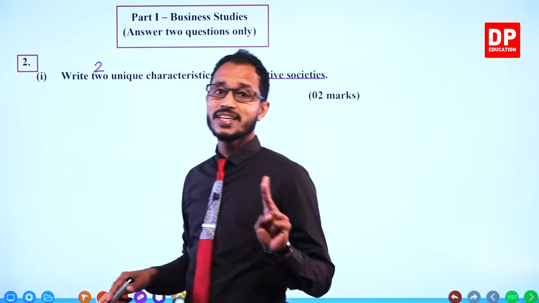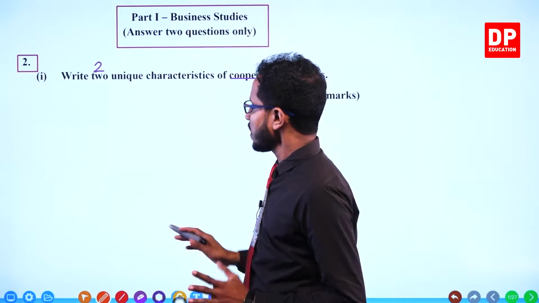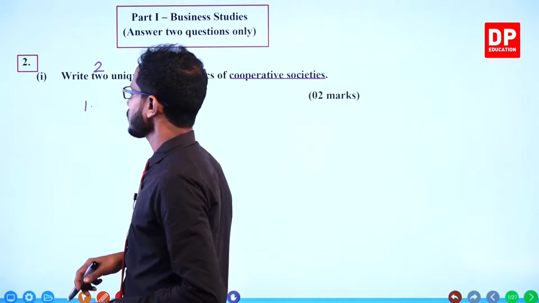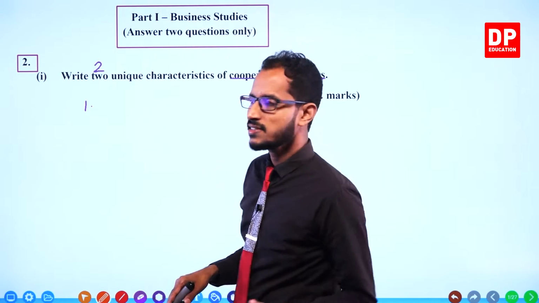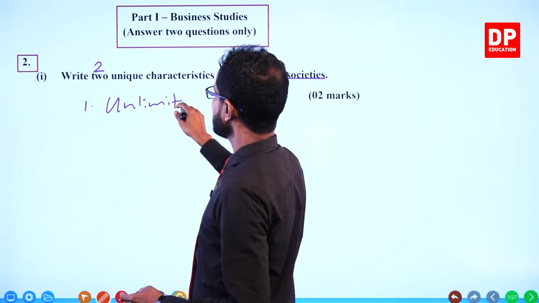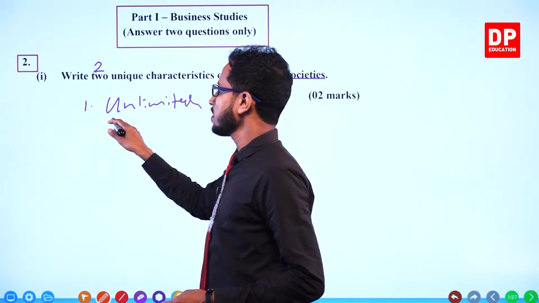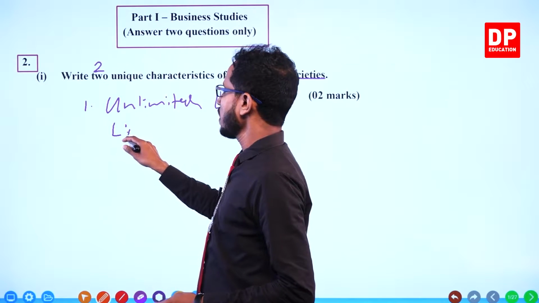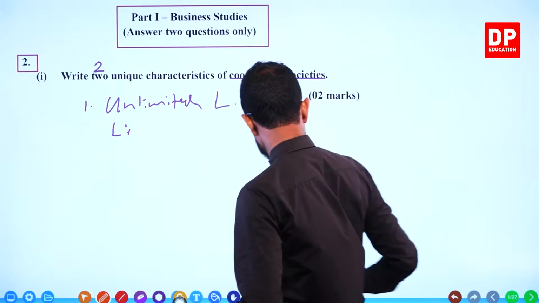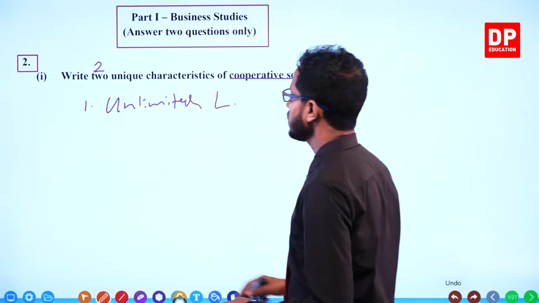Can you write characteristics such as unlimited liability, or no legal personality?